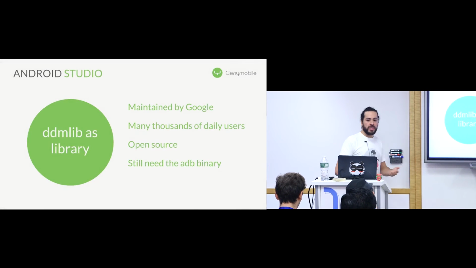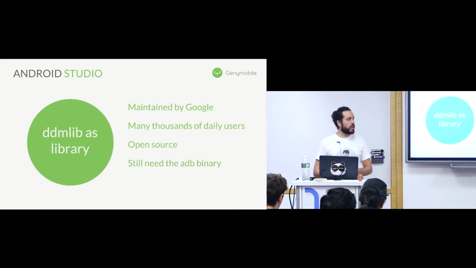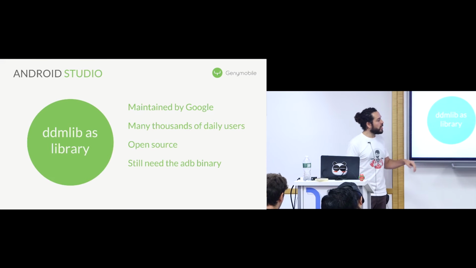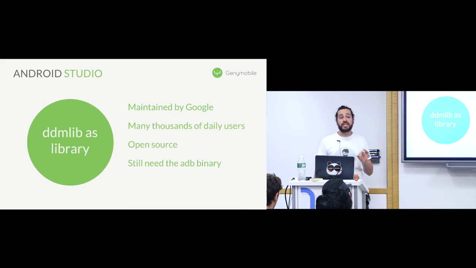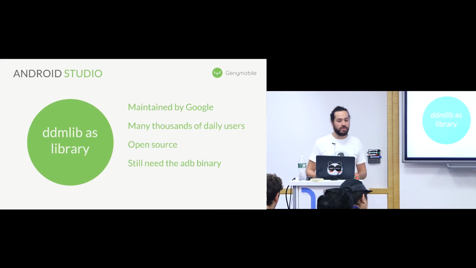So there are a few things that I want to tell you about DDMlib as a library for your project. I never tried it for real, but that's something I realized by browsing the source code. It's maintained by Google. You have many thousands of daily users, all of you in this room, actually. You are using DDMlib.